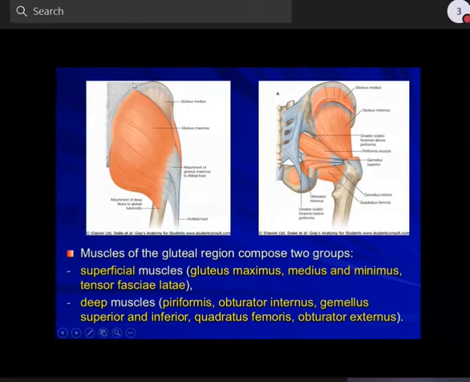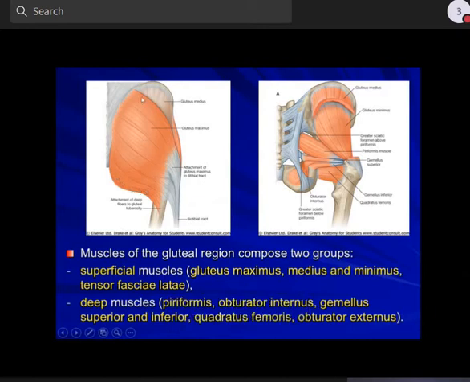All its fibers descend laterally, most of them, and in the iliotibial tract, except for its deep lower part.